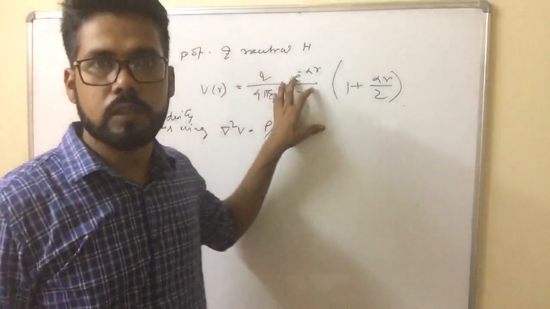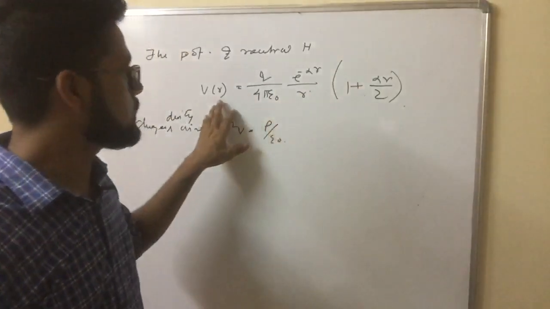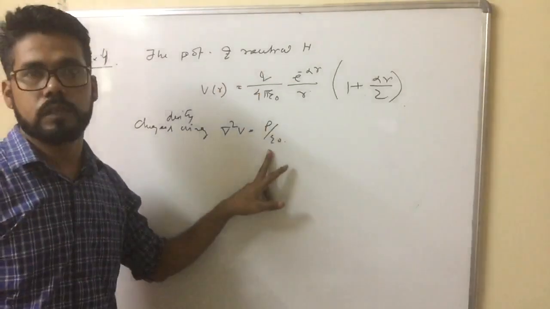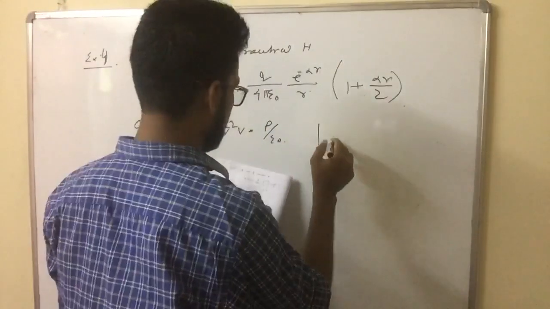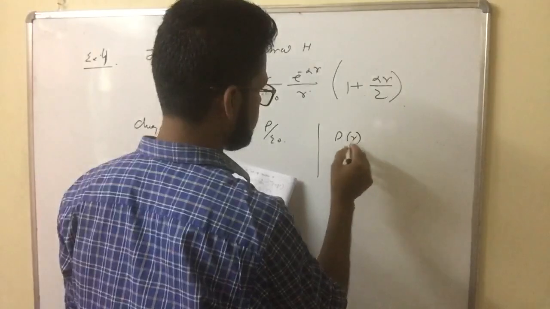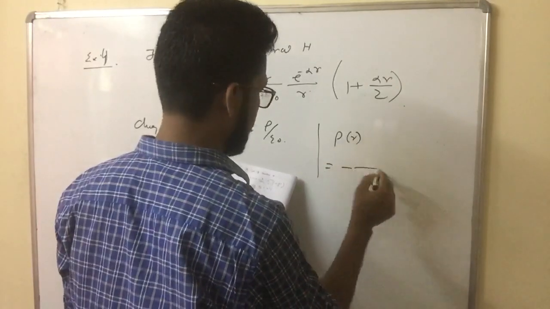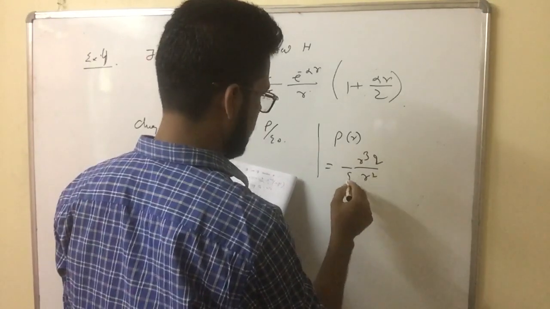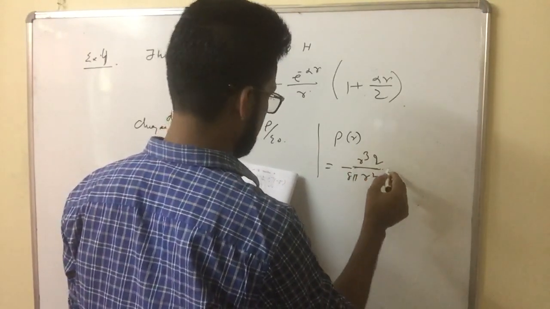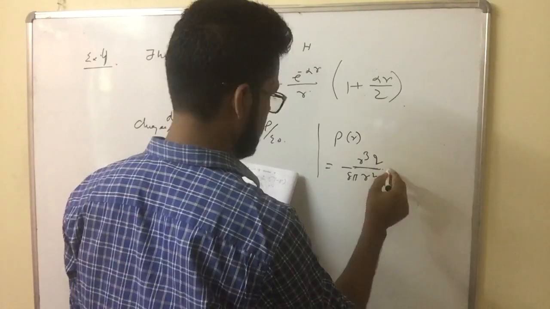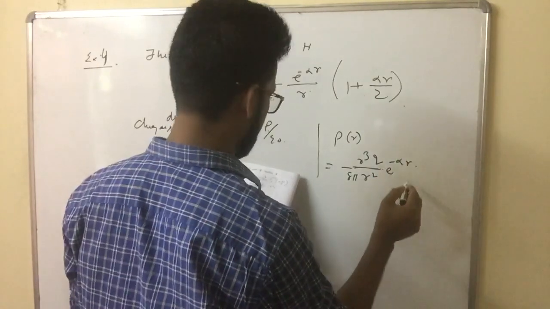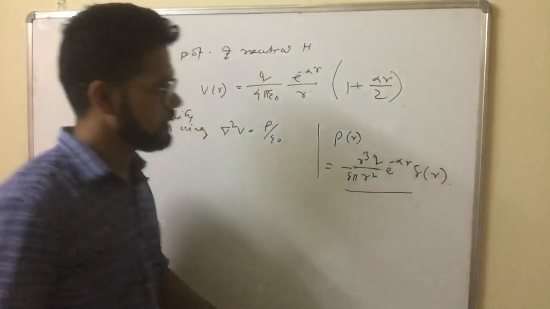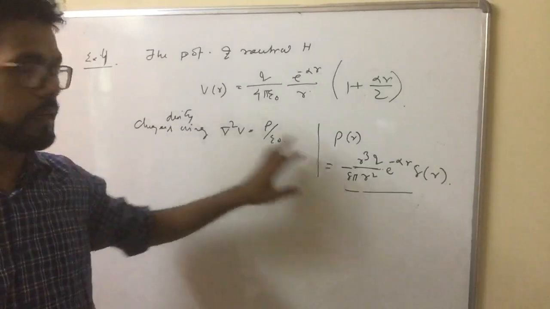If the potential of a neutral hydrogen atom is given by this, calculate the charge density using that formula, and your answer would be rho(r) equal to minus alpha cubed Q by 8 pi r squared e to the power minus alpha r, plus the delta function term. Your answer must be like this, and I am not going to do that.